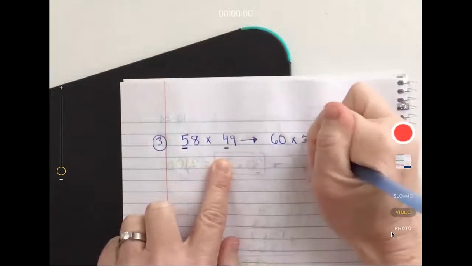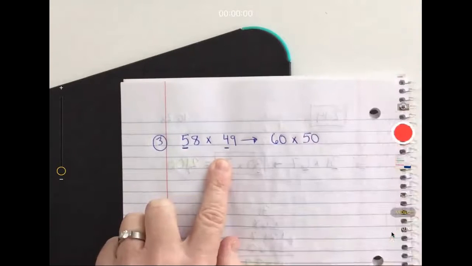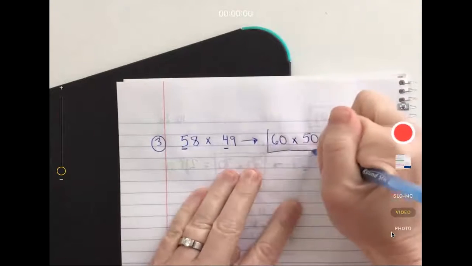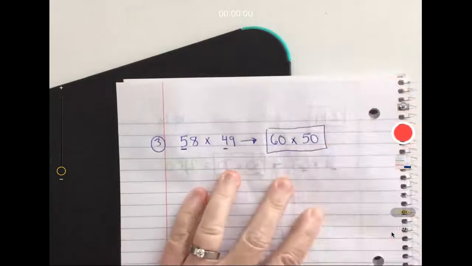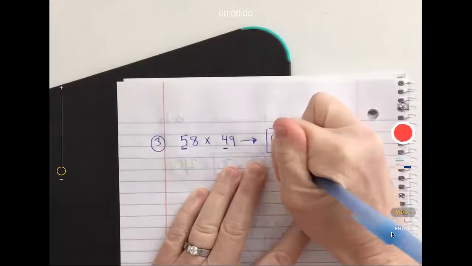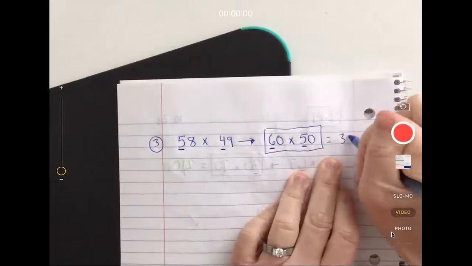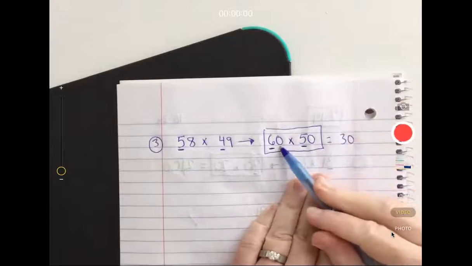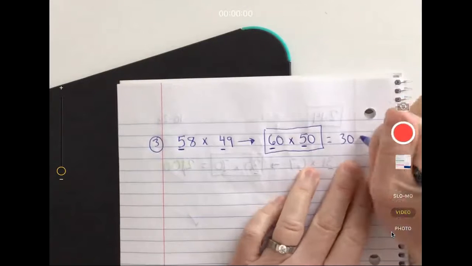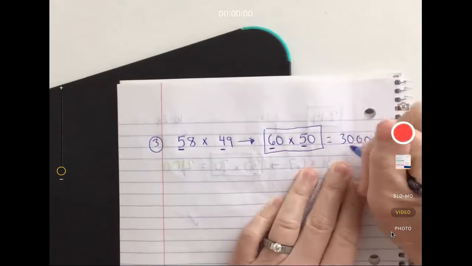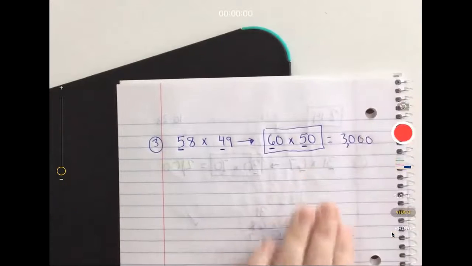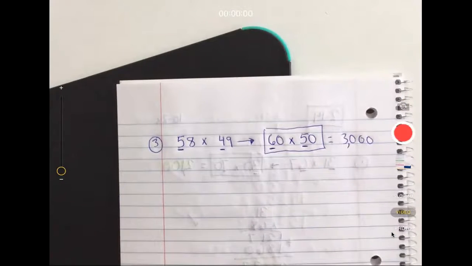So 49 rounds to 50. Okay. Here's my equation for estimation. 6 times 5, again, that equals 30, plus our 2 zeros because we're in the tens. So the estimation is about 3,000.